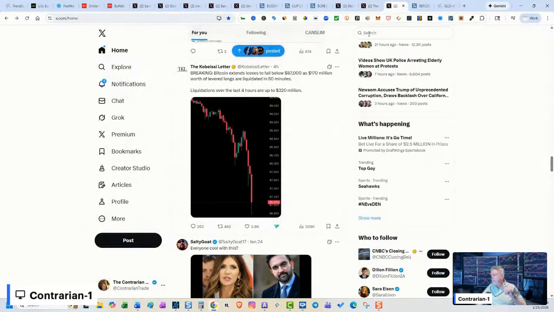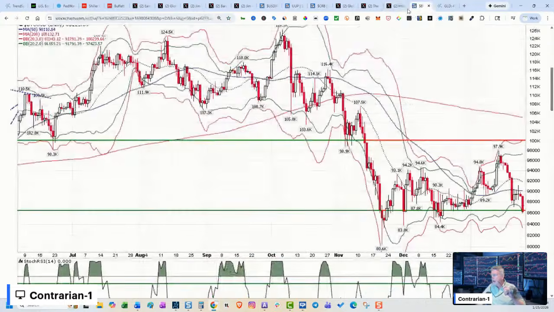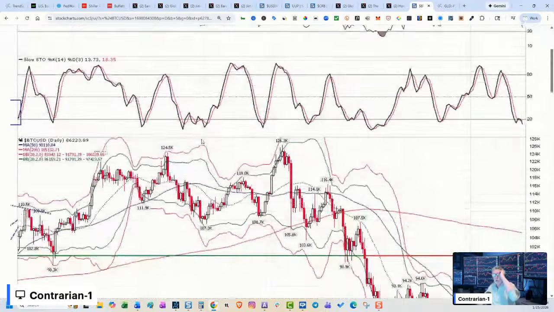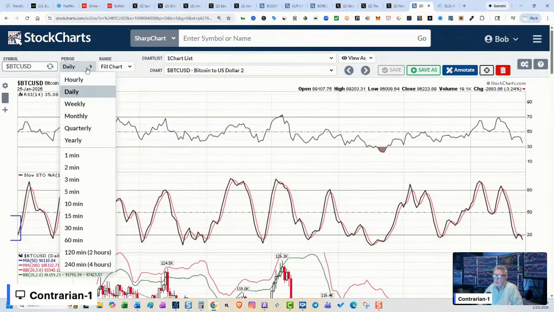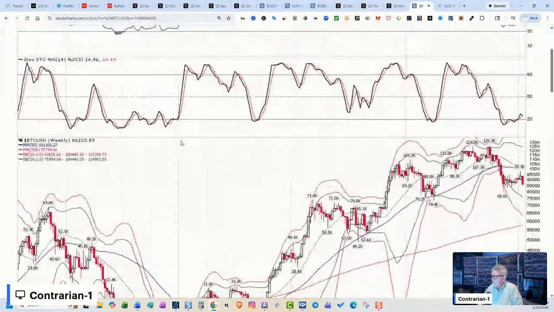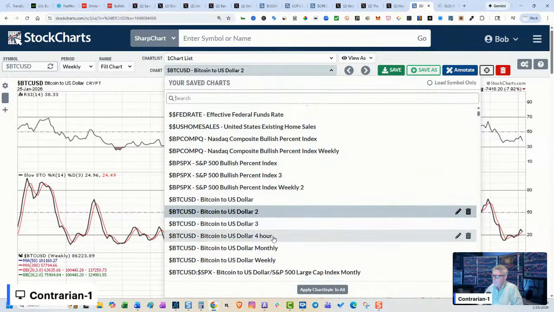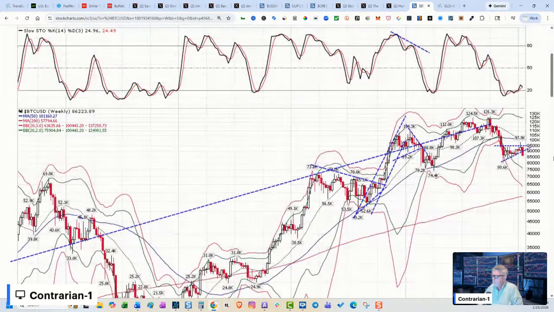We already talked about Bitcoin, so no sense in going over that. Here's a chart of Bitcoin, real time. I mean, let's go to a weekly chart here. This is really, really, really bad. This is a breaking of a bear flag setup on Bitcoin.